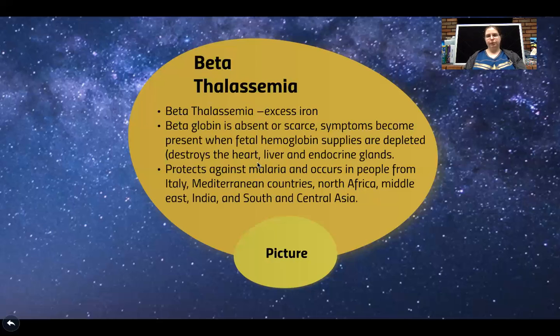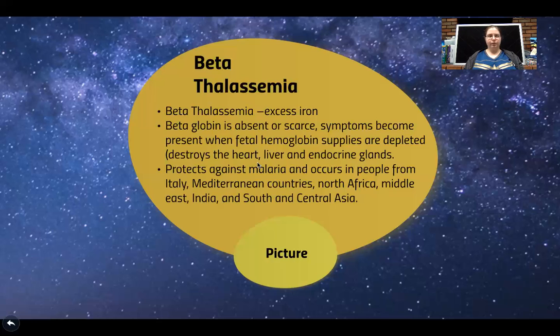So people whose backgrounds include Italy, different Mediterranean countries, North Africa, the Middle East, India, and South and Central Asia, because at one point, not as much maybe today, malaria was very prevalent in many of those areas. It still is today.